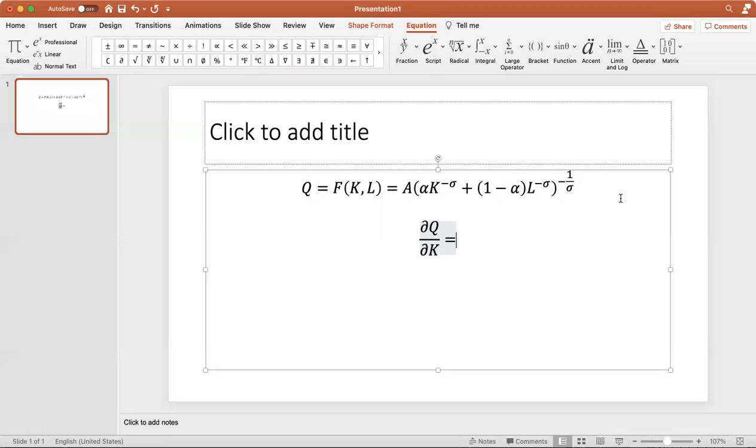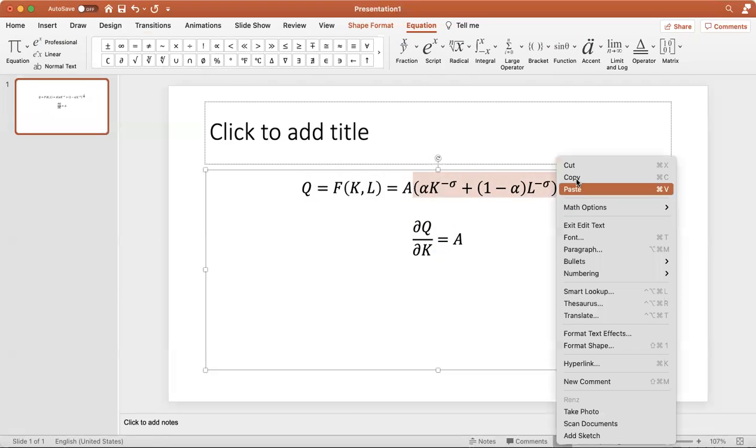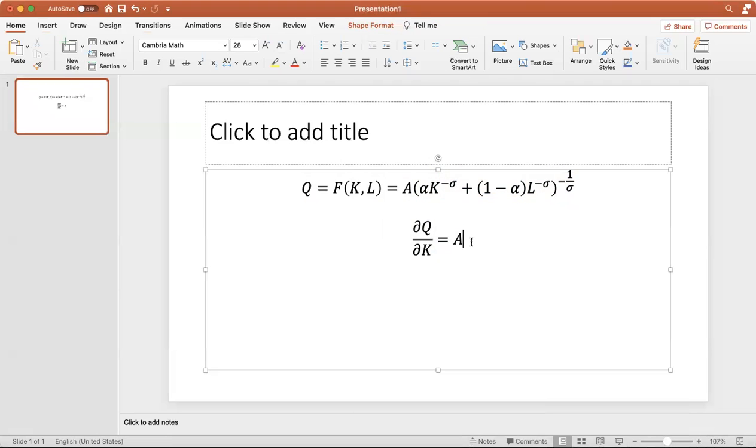Based on the structure of this function, you'll need to use some chain rule. So this becomes A, and we still need to copy the entire function, raised to negative 1 over sigma minus 1.